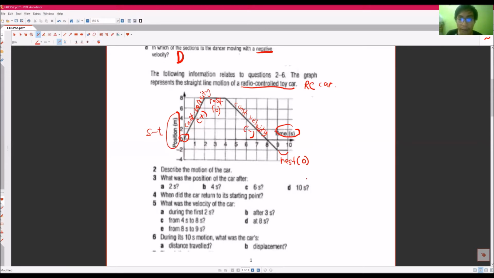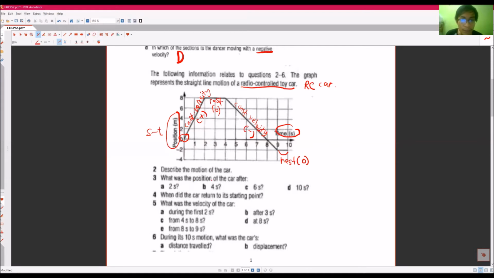And then for the next 1 second, it stays at rest. Okay, so that's the motion of the car. We describe it in terms of velocity and the gradient, which is basically the velocity.